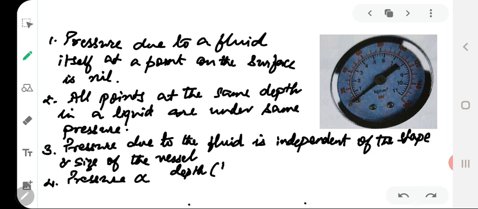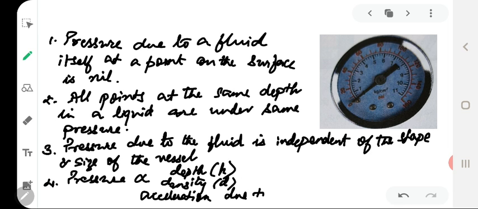Depth is given by h. Density, which is given by d, and acceleration due to gravity, given by g. We have already seen the expression.